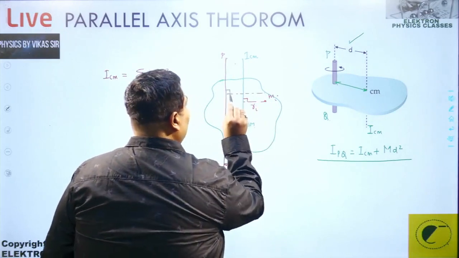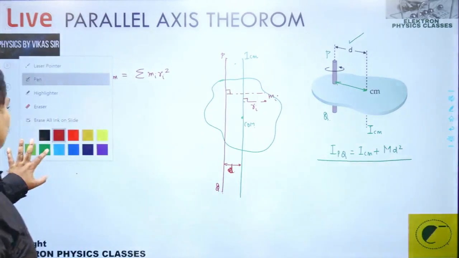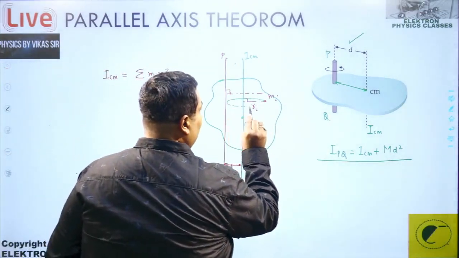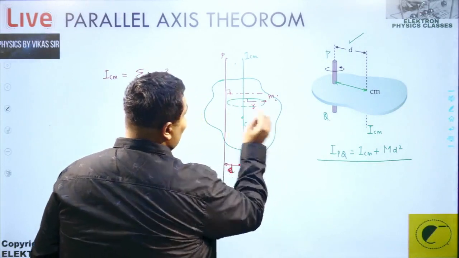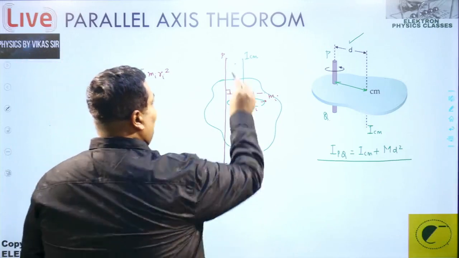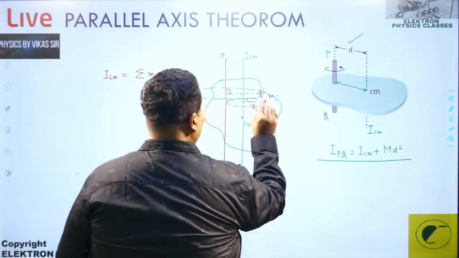Then, the same particle has a different distance from the PQ axis. The logic is too simple. The logic is that this particle is going to be rotating or moving in this circle about this axis, whose radius is ri, while about this axis it will have a larger radius, like this.